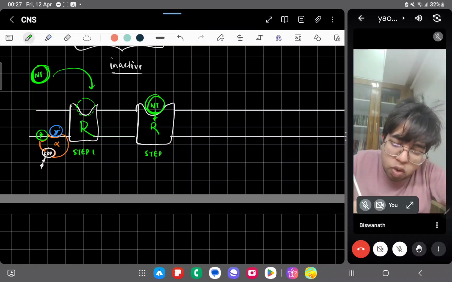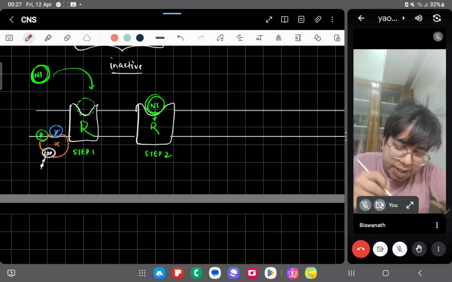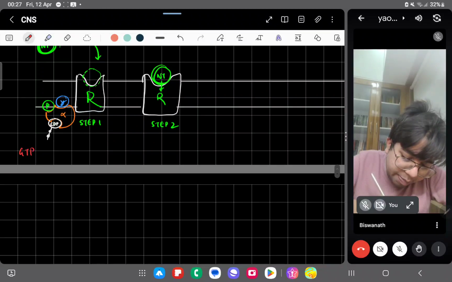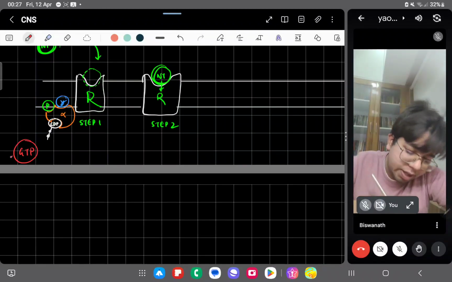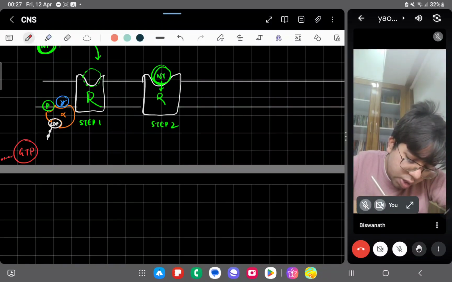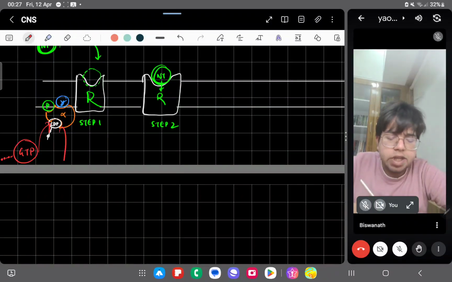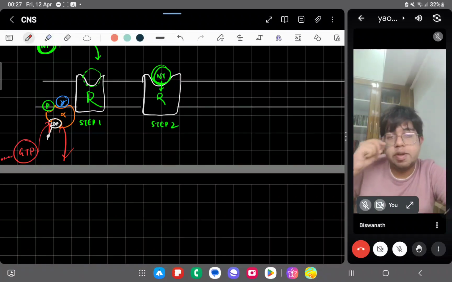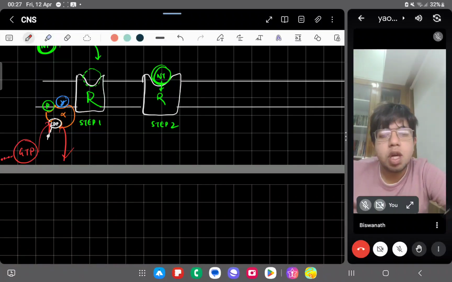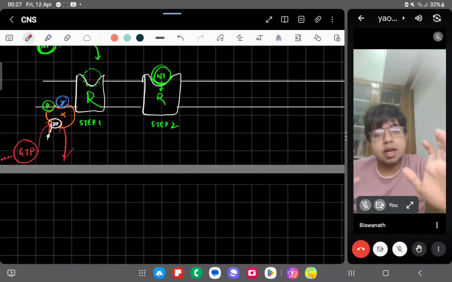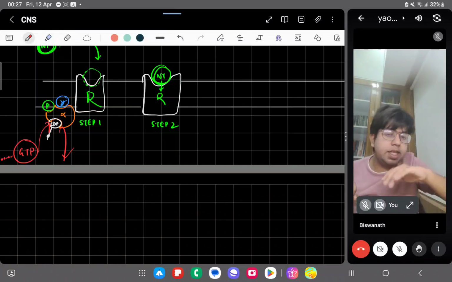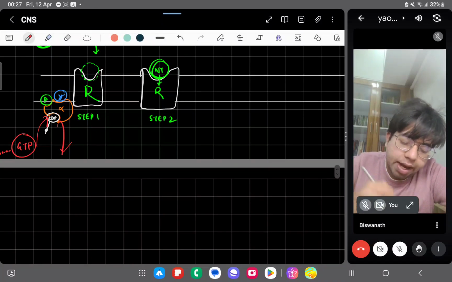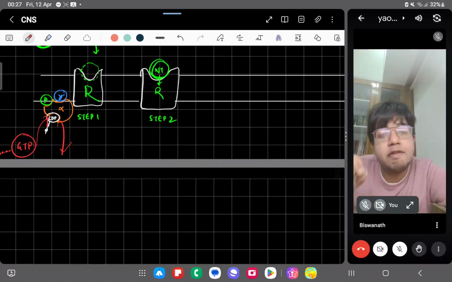In step 2, when the neurotransmitter binds, the GTP, guanosine triphosphate with 3 phosphates, 1, 2, and 3, will knock the GDP out. It is coming here, and when the neurotransmitter binds, it is pushing the GDP out of the picture and getting bound to this alpha subunit.